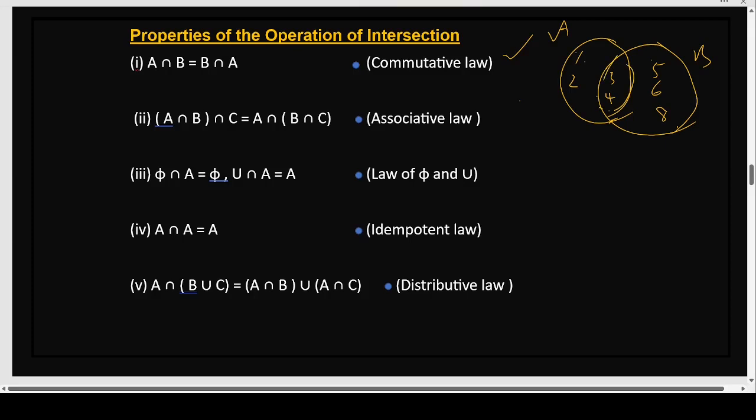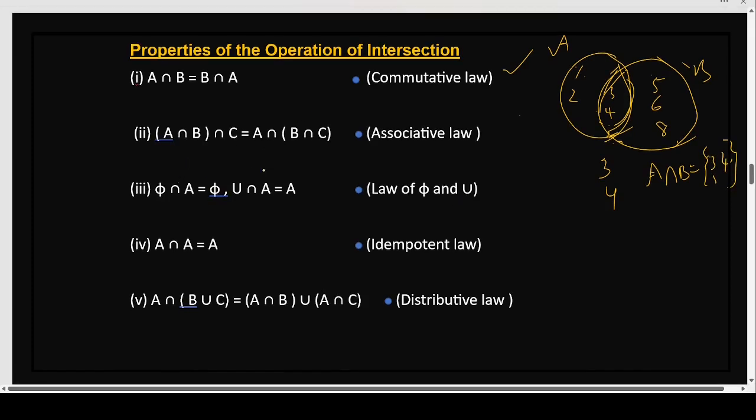We are intersecting A and B, taking the common elements of that, or B intersect A, 3, 4, 5, 6 and intersecting with 1, 2, 3, 4. You will get the same result. 3, 4 is the intersection. That means A intersection B equals 3, 4. Agreed?